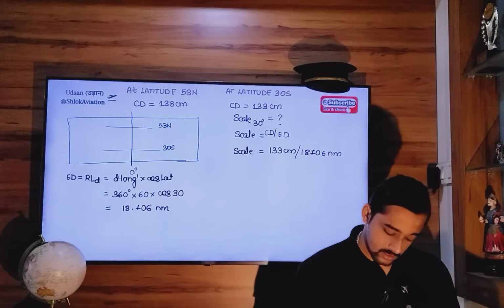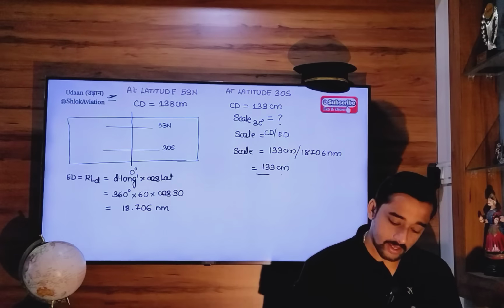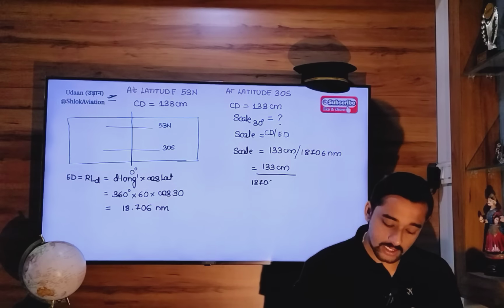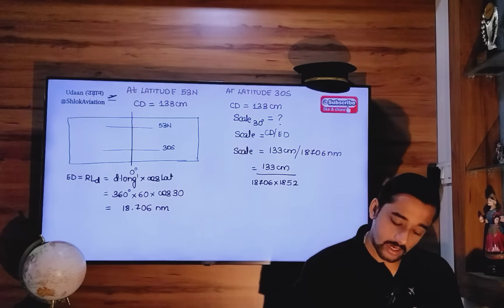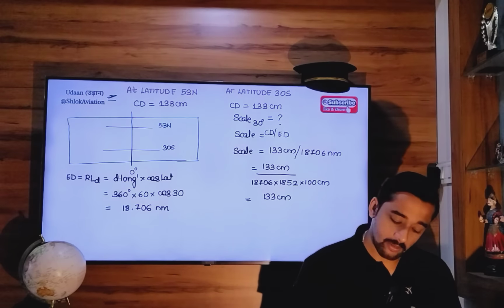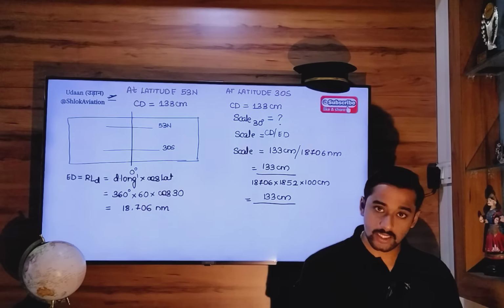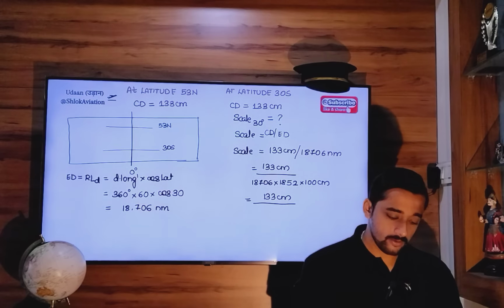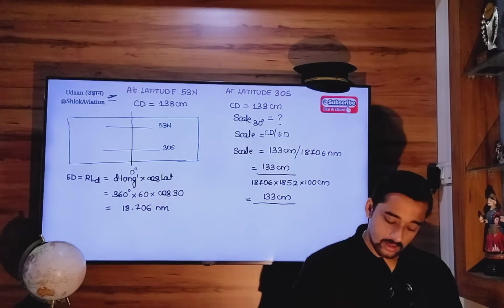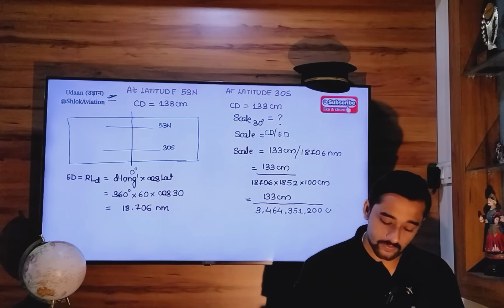So scale will be equal to chart distance 133 centimeter, earth distance 18,706 nautical miles. So 133 centimeter divided by 18,706 into 1852 meter into 100 centimeter. So 133 centimeter divided by 18,706 into 1852 into 100, which is 3,464,351,200 centimeter.